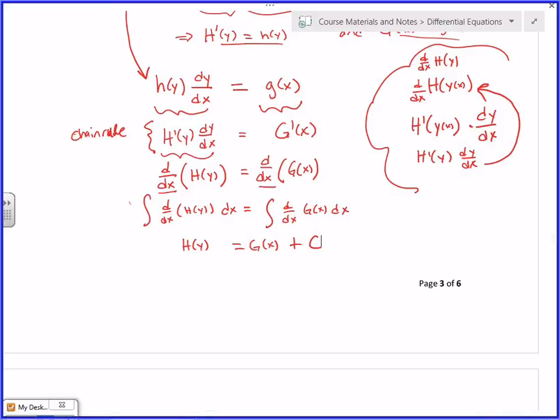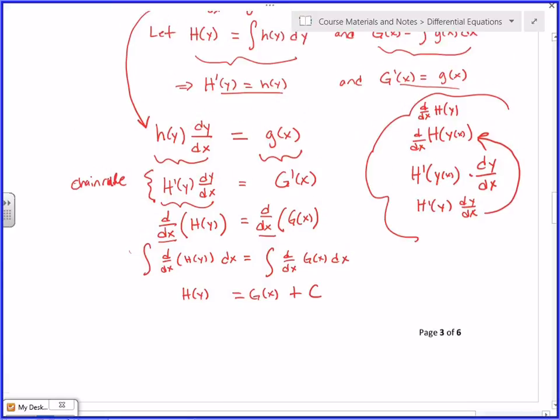The other hand waving that I did in the earlier proof was I just took the integral of both sides, but on one side I was taking the integral with respect to dy and the other one with dx. I'm claiming now that on both sides I've got essentially a function of x, because y is a function of x, and then the derivative of that, they're equal. If the derivatives of two functions are equal, then the integrals of the derivatives are equal, which means the two functions themselves are equal, with a possible difference of a constant.